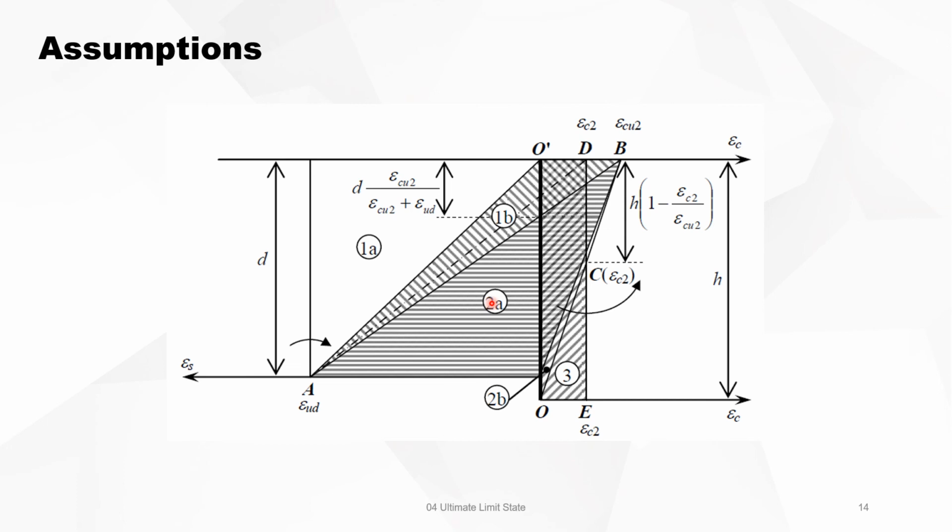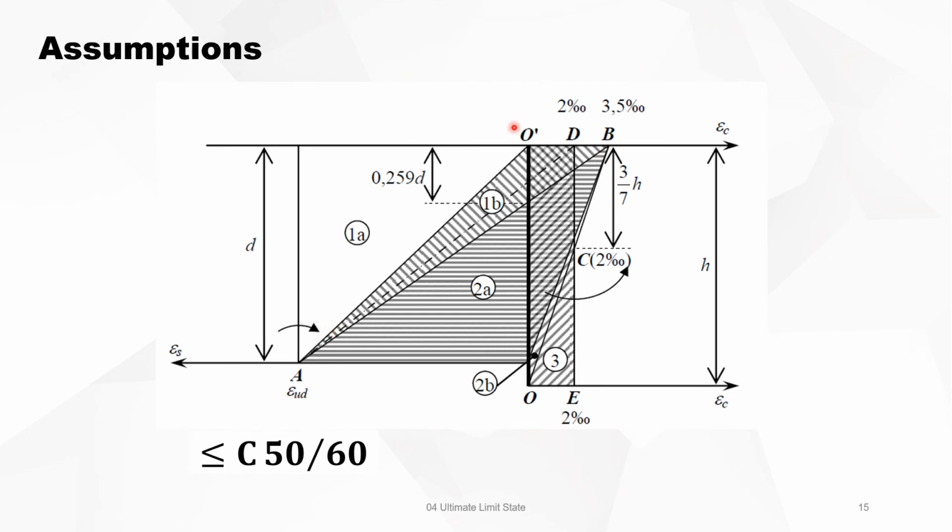Then zone 2 can be divided into two separate zones, 2A as indicated here, and the other zone is 2B. And then you have zone 3. If you put some figures in for concrete quality smaller than C50/60, you will see that this point is 0.259d, and this point there is 3/7 of h, so you have some figures to that.